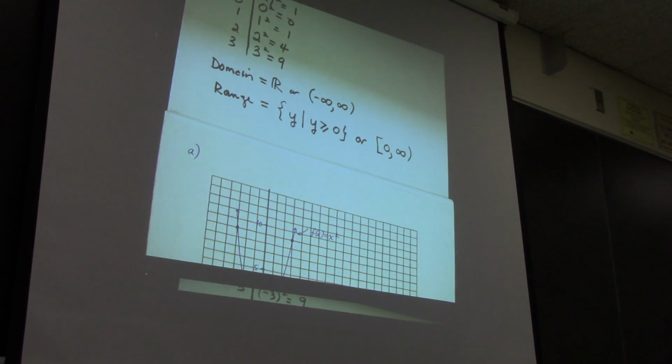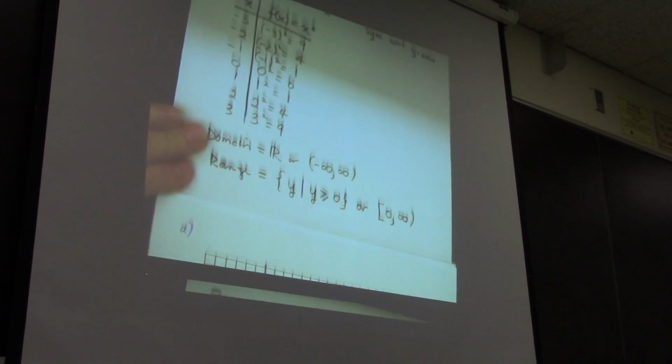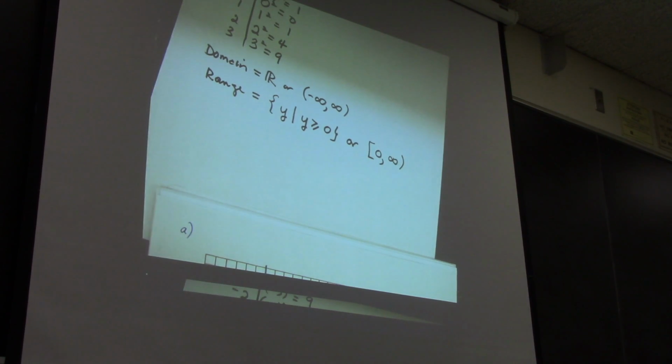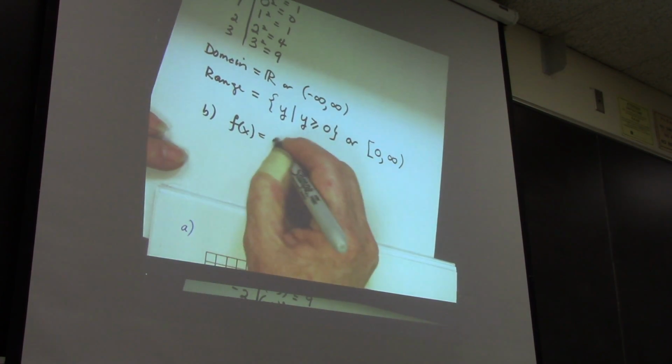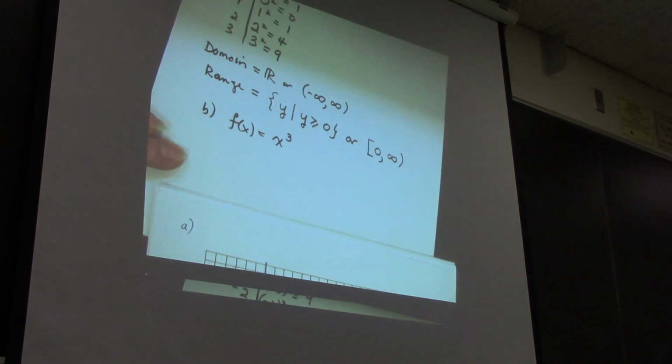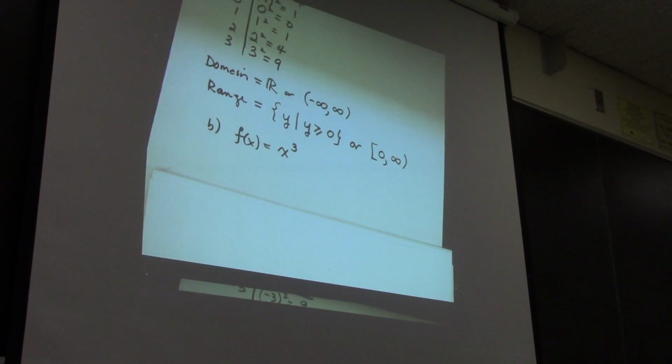Okay, now let's look at f of x equals x cubed. Does y equals x cubed have any symmetry?